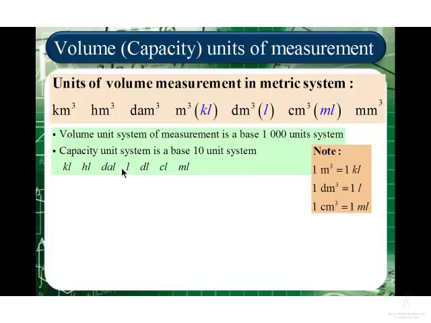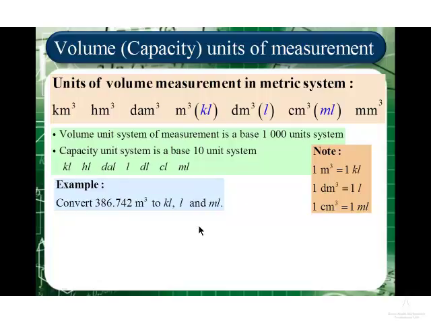So we have a decaliter, hectoliter, and a kiloliter as such. Note then the correspondence between the volume measure and the corresponding capacity measure as indicated. Cubic meter corresponds with kiloliter, cubic decimeter with a liter, and cubic centimeter with a milliliter as indicated.